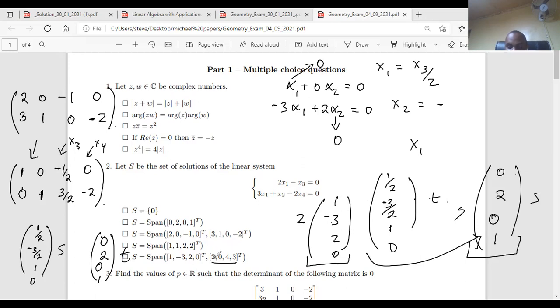So it's 2 and 3. 2 times t plus 3 times s. So it's minus 6 plus 6 equals 0, 0, 4, plus 0, 4. Okay, so it must be the answer 5.